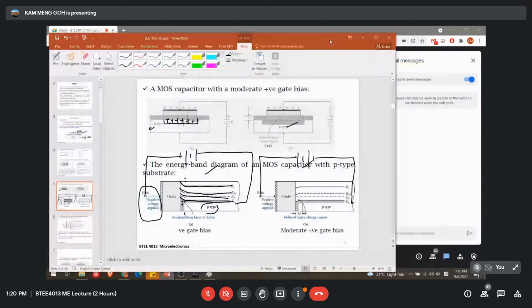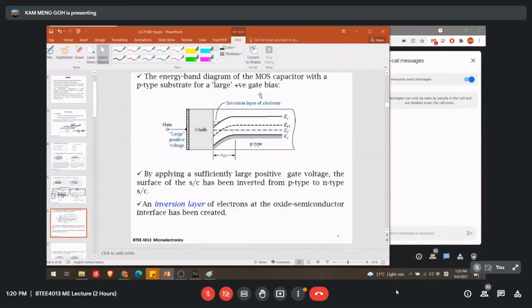Okay, so the energy band diagram of the MOS capacitor with a p-type substrate under a large positive gate bias. What does it represent? Back to this. If we are just supplying a moderate voltage, for example 5 volt, it will induce an area.